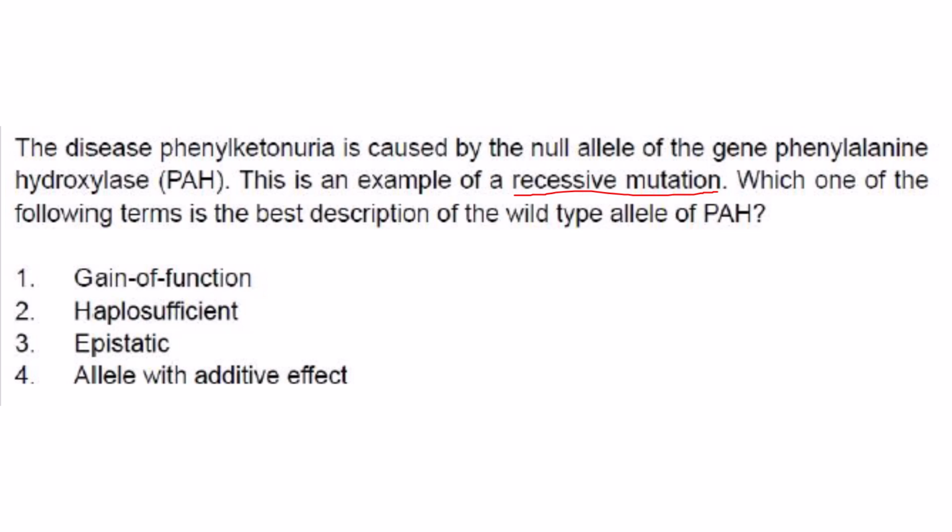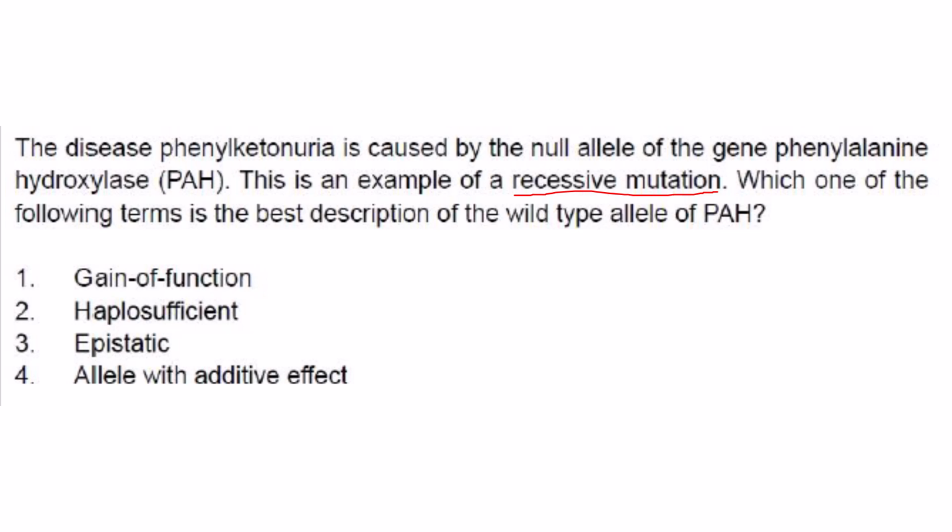I told you, if it is capital A, then the person will naturally have no disease, that is, he will not have the phenylketonuria disease. Whereas if he is heterozygous capital A small a, then one copy of that particular capital A is sufficient to produce the normal phenylalanine hydroxylase gene protein, and the person will not have phenylketonuria.